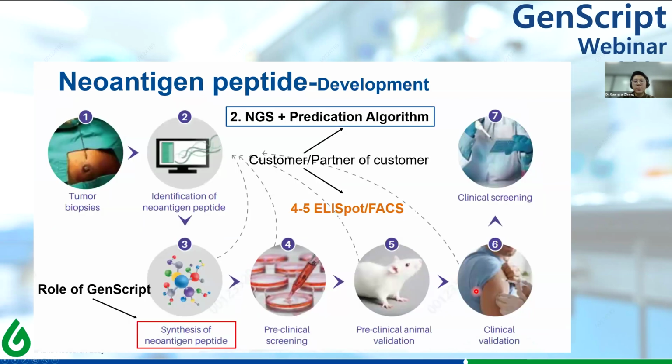So for the development of the neoantigen peptide, first, we do the in vivo tumor detection and the identification of the neoantigen peptides.